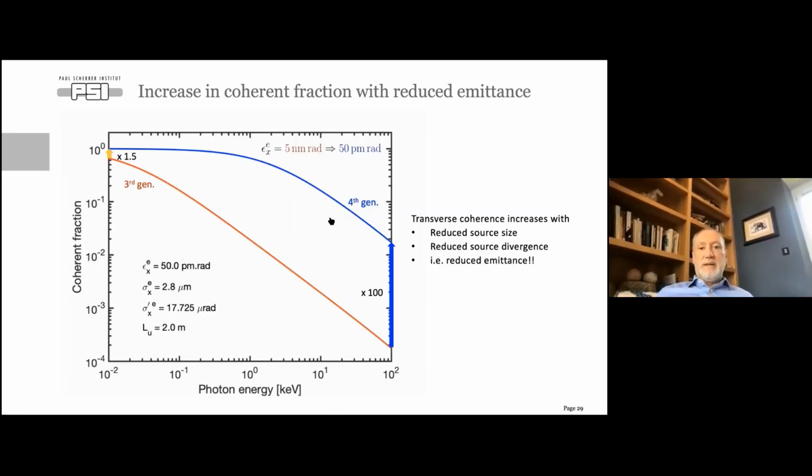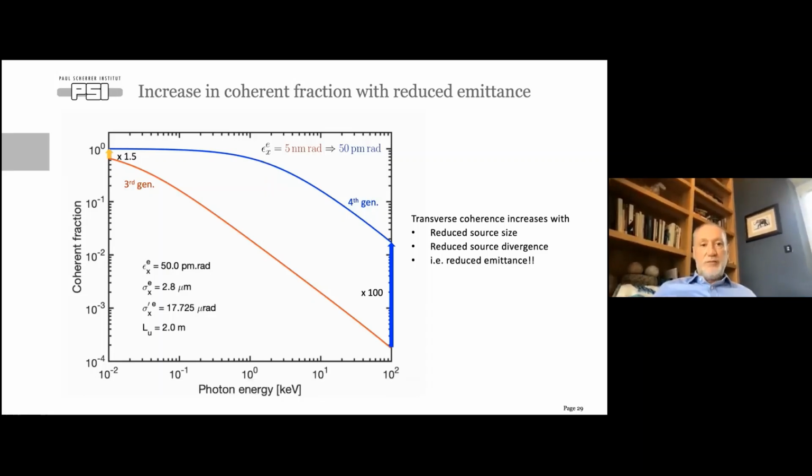So really, this huge improvement in coherent fraction, which we see here in the hard X-ray regime, above anything above a couple of kilo electron volts, is of huge interest to the imaging community, particularly for those people who use the coherent part of the X-ray radiation.